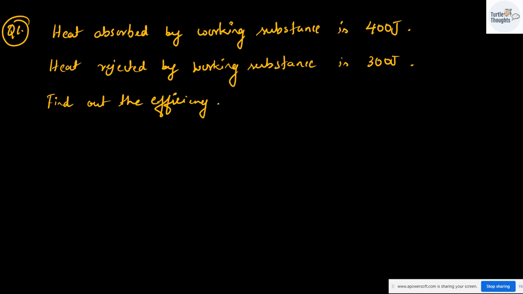Now, let me make a note of what they have given to me. 400 joules and 300 joules have been given. Heat absorbed by the working substance is 400 joules. Heat rejected by the working substance is 300 joules.